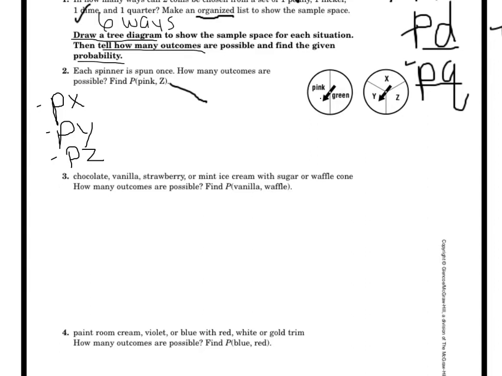You can't just land on pink, you could also land on green. And X, green, and Y, green, and Z. Okay, so how many outcomes? 1, 2, 3, 4, 5, 6. There are 6 outcomes.